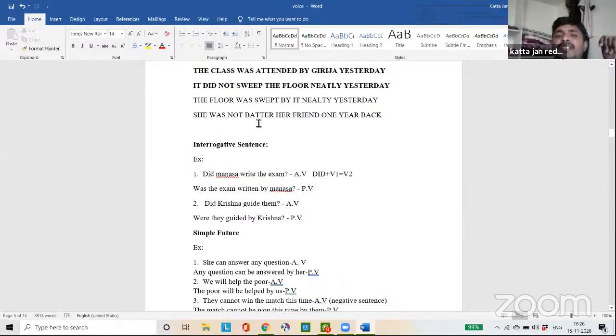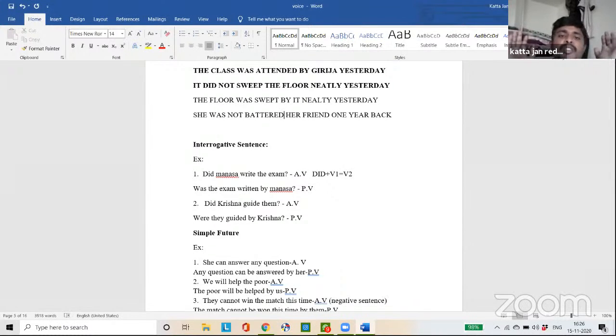Batter means beat. She was not battering. Like that we will get the sentence. But here, "was" is used, but again V1 is used. So it is wrong. It should be battered.